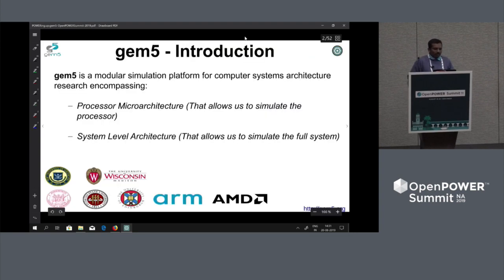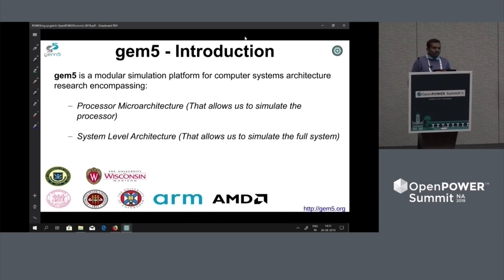So what is gem5? Gem5 is currently the de facto system architecture simulator used heavily in the computer architecture field. Basically, there are processor models and there are system core and uncore models.